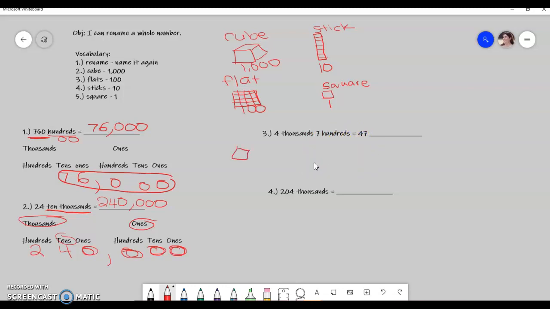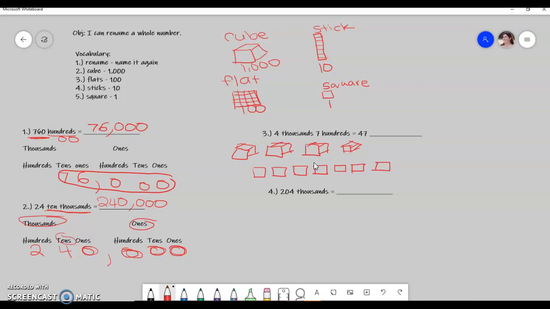So I've got my cube, my cube, my cube, my cube. That's 4 thousands. And then it says 700, so I need 7 flats. 1, 2, 3, 4, 5, 6, 7.